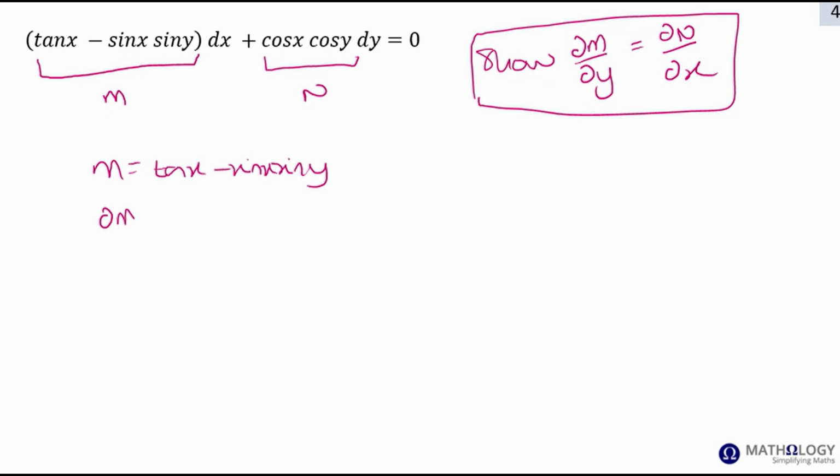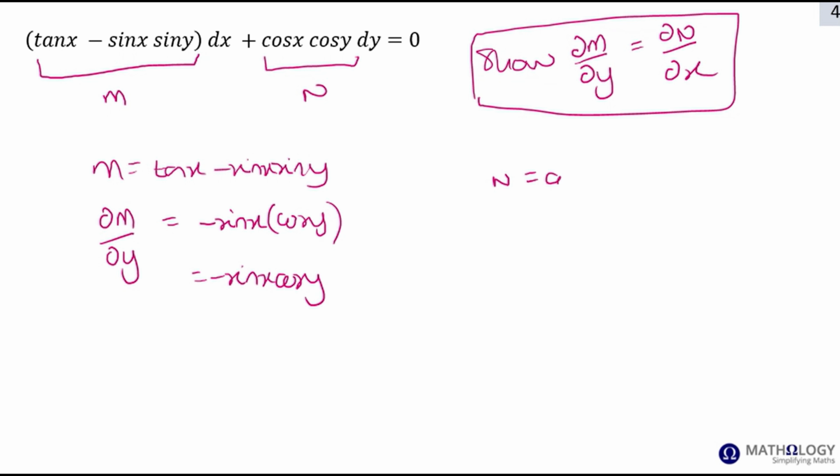So the partial of m with respect to y will be: the derivative of tan x with respect to y is going to be 0. Tan x is a constant with respect to y. Then we have minus sin x sin y. So we'll start with minus sin x, which is a constant with respect to y. The derivative of sin y is cos y. So that's just going to be minus sin x cos y.